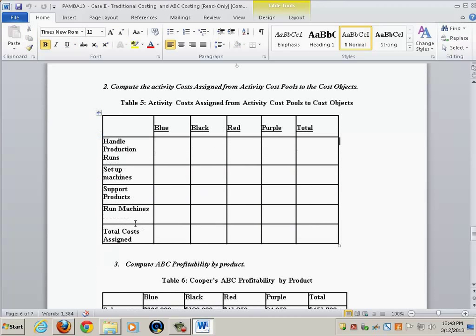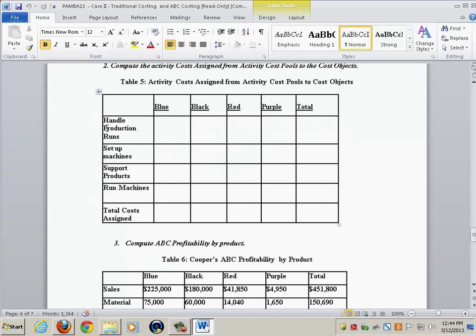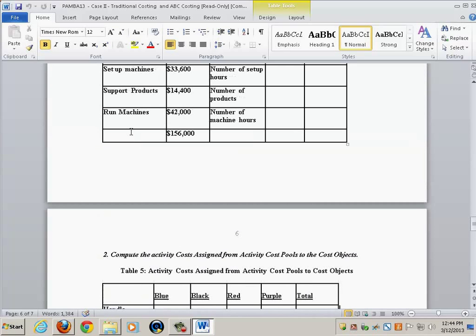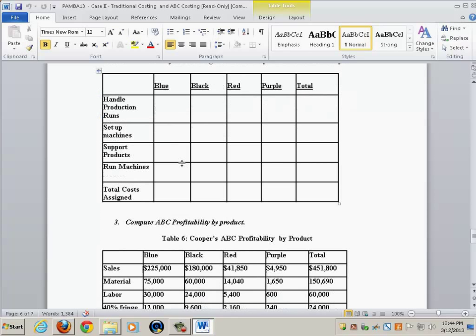And now, on the basis of all the numbers that you have calculated, you can allocate the cost of handling production runs, which in total are 66,000. You can allocate them based on the activity cost driver rates: how much of the handling production runs cost goes to blue, how much goes to black, how much goes to red, and how much goes to purple.